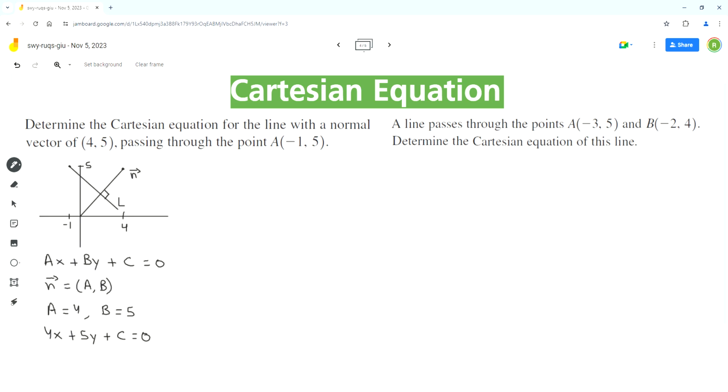Now we have to find the value of c, and for that we should sub in the given point A because that point lies on this line. So we'll sub in x as -1 and y as 5. Now we can solve for c.